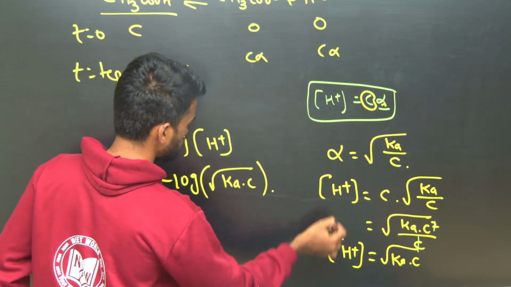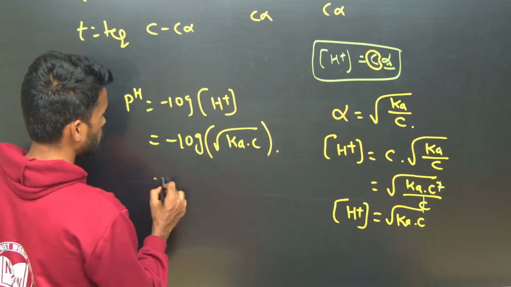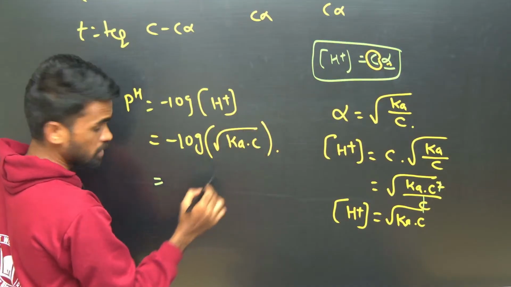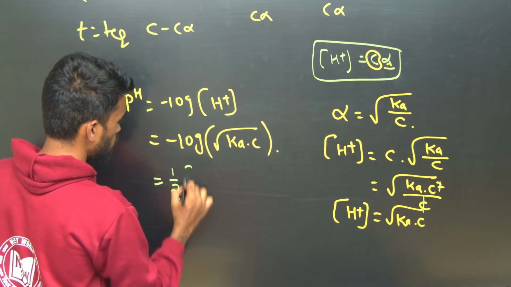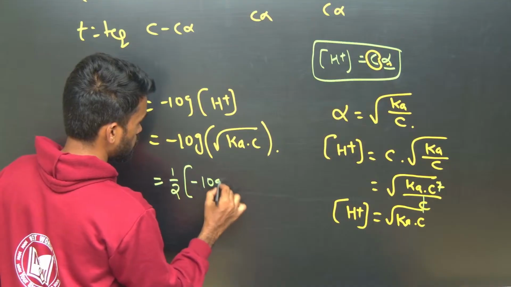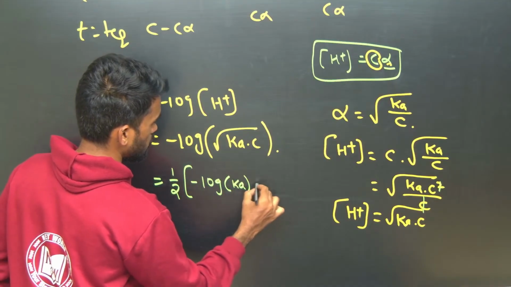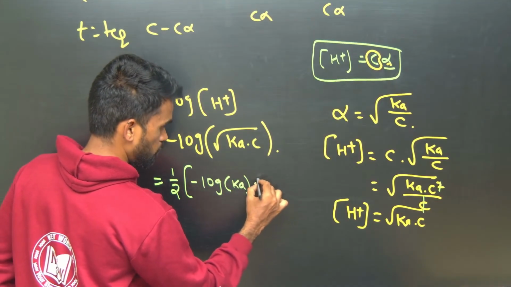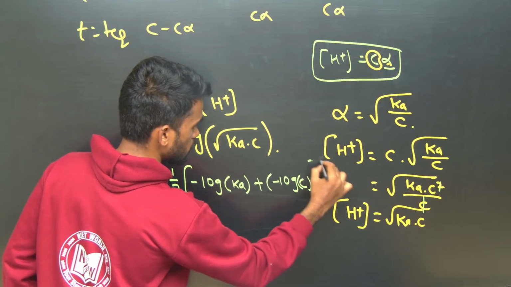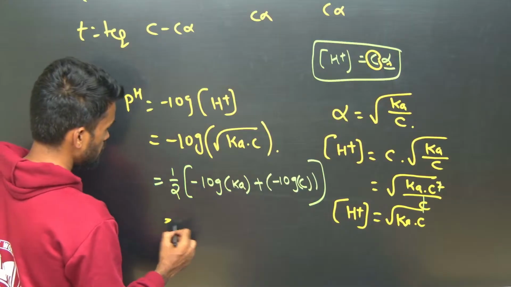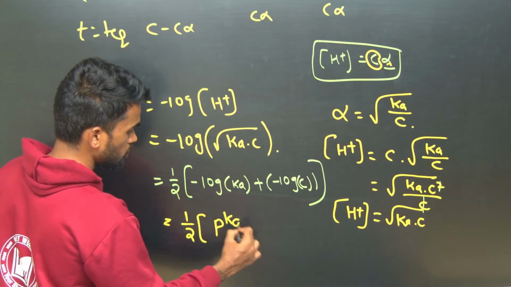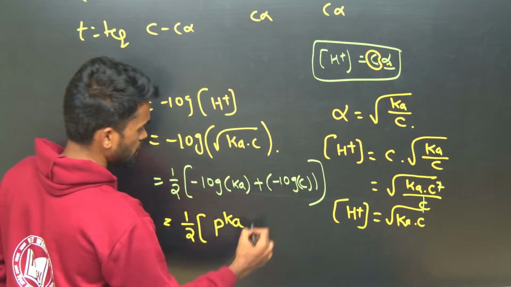Okay, then look here. Root means 1 by 2, so I can write 1 by 2 into minus log Ka plus minus log C. Like this I can write. See, minus log Ka is pKa, and minus log C stays as it is.